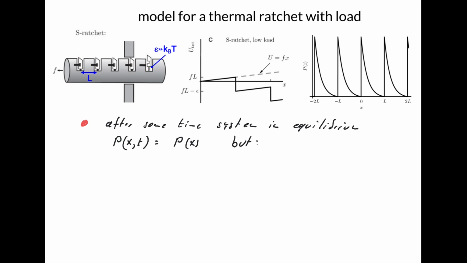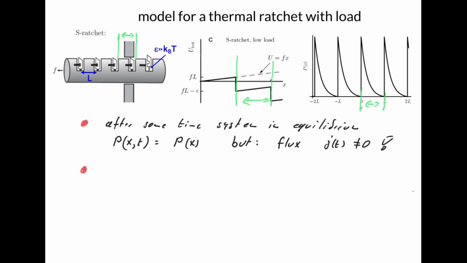Yet we should be a little bit careful to talk about equilibrium here, because equilibrium just means that the probability distribution to find a particle at a given position is constant, but this does not mean that the flux, which is the movement of particles, is equal to 0. The reason is that if particles are moving to the right, there are also particles that move to the left. So in that sense, the flux is not 0.